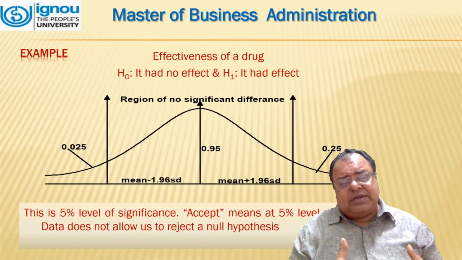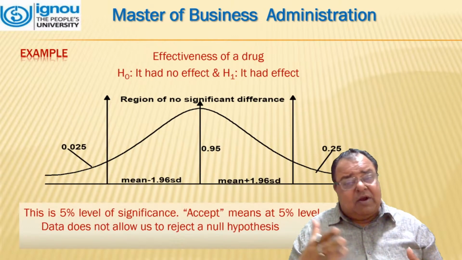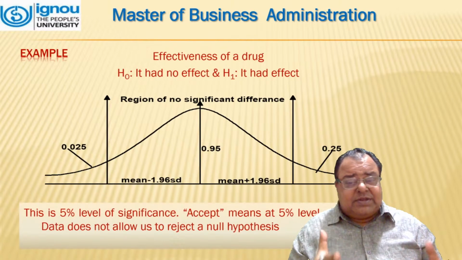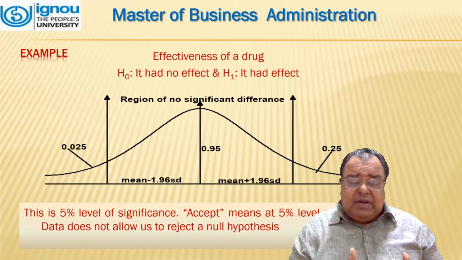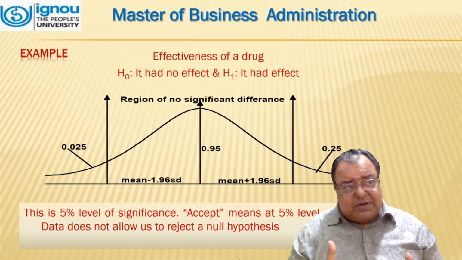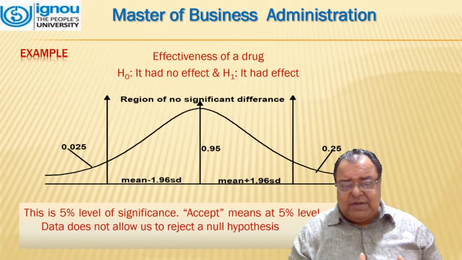Here we are studying the effectiveness of a drug. H naught states that it had no effect, and the alternate hypothesis states that it had an effect. And we are studying this at a level of 5% of significance. So for a 5% level of significance, we have mean plus minus 1.96 times the standard deviation.